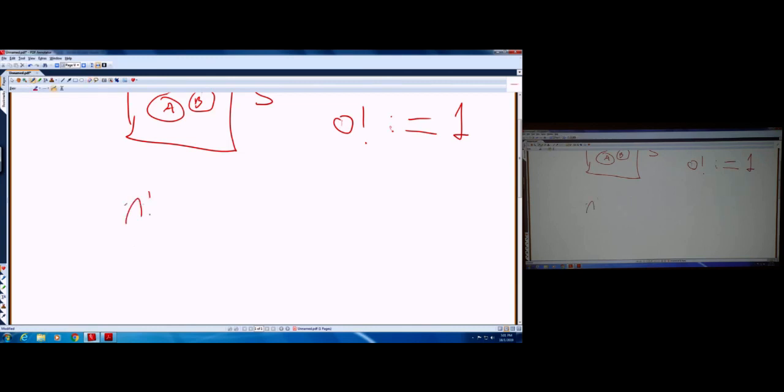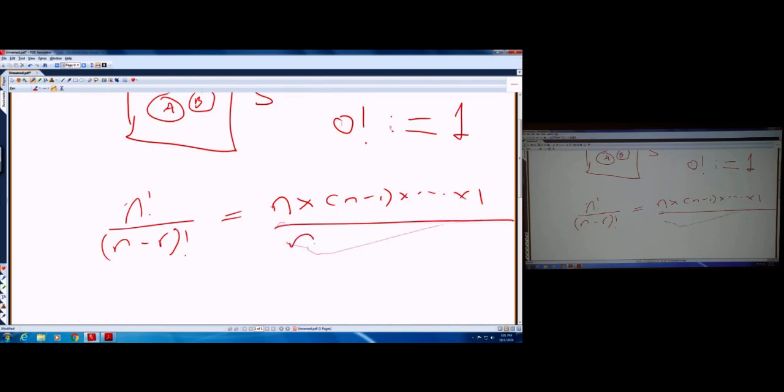So n factorial over n minus r factorial, just in case you're wondering, that's n times n minus 1 times dot dot dot times 1 over n minus r times n minus r minus 1 times dot dot dot times 1.